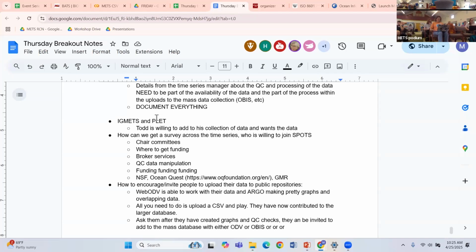NSF, Ocean Quest, which Carla brought up. It's a new organization out of the Arabic Peninsula, and they have money. We can go and get little spots of money from people. I mentioned Google, but maybe not Google.